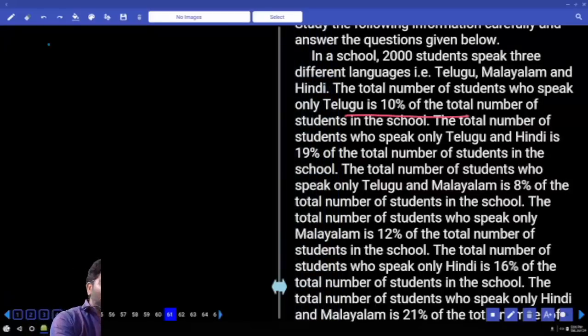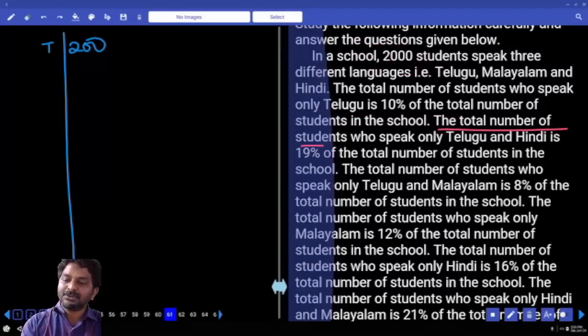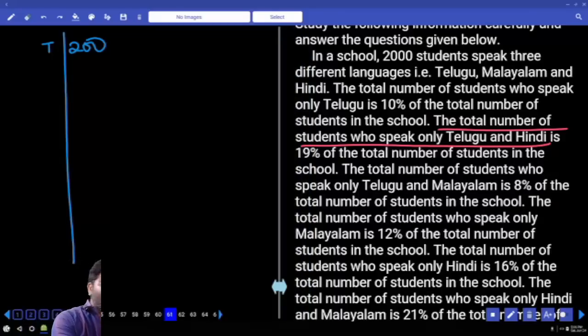10% only Telugu. Let's write percentages, or we can write numbers also. 10%. What is 1% of the total? 20. So you just need to multiply it by 20, right? Easy or not? Okay, come on. Total number of students who speak only Telugu and Hindi, what percent? 19 times 20.